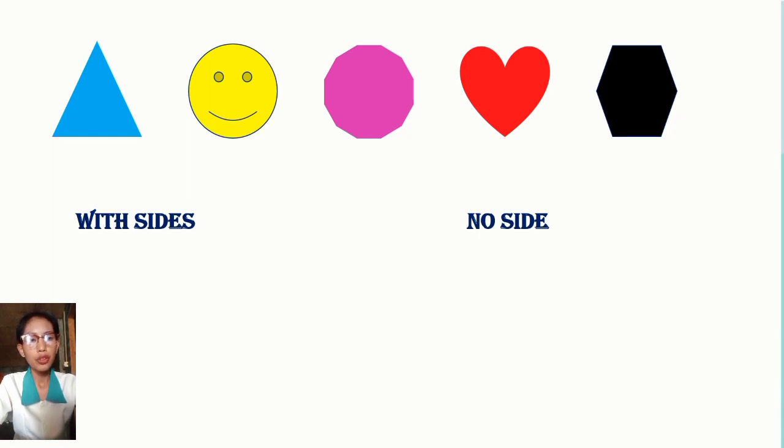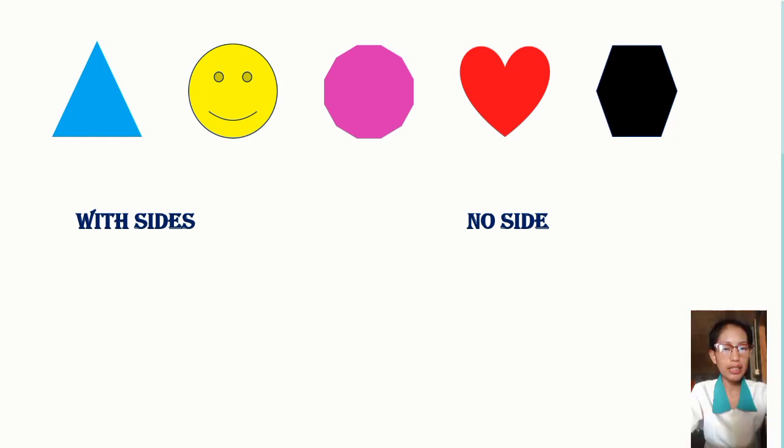So, ngayon, yung mga figure na iyon ay sagutan naman natin at ipunta natin sa column na with side and no side. So, ang first figure natin kanina ay triangle. So, saan mapupunta ang triangle? Sa no side or sa with side? Very good. Napunta siya sa with side.